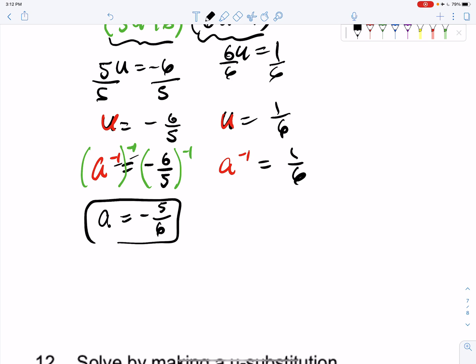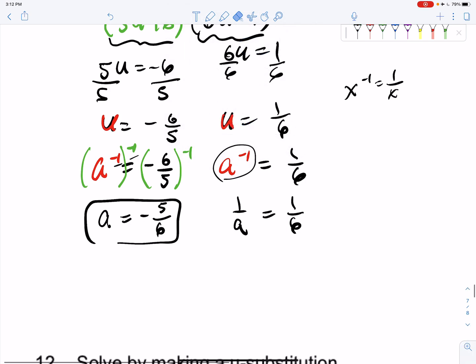If you did not like that at all, you can just go ahead and remember the rule x to the negative first equals 1 over x. So a to the negative first is just 1 over a, and at that point, you can cross multiply. Or even quicker, you can realize that if you take the reciprocal of 1 over a, you get a, and if you take the reciprocal of 1 over 6, you get 6.